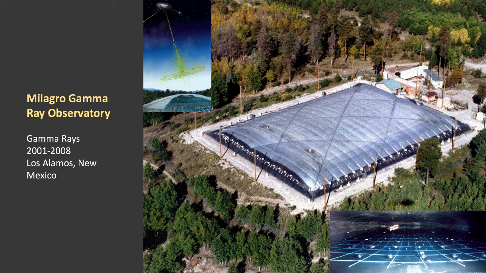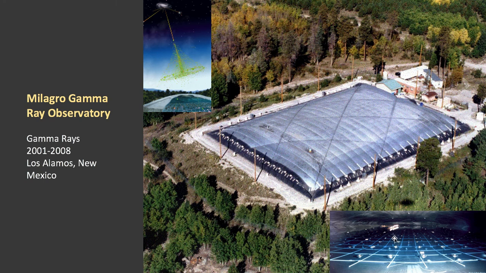And so this is the telescope here, and there's a tarp over a big pool of water. It is really a swimming pool, except instead of people swimming in it, there are lots and lots of photodetectors. And so this is a view underneath the tarp. There's all these photodetectors in the water.